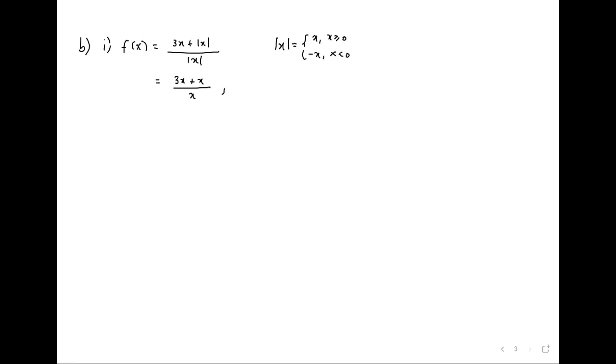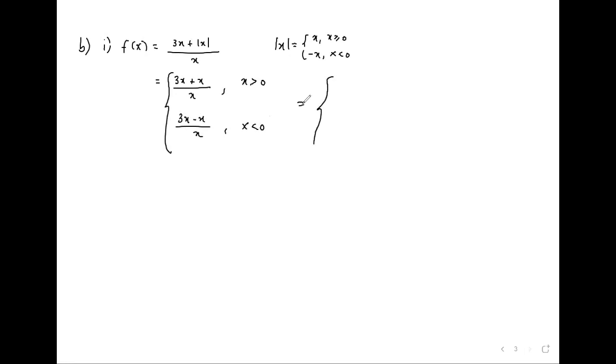In fact, there was no modulus in the denominator. So over x for x greater than 0. I've removed the equal to because we have x in the denominator, which cannot be allowed to be 0. And the same function is going to be 3x minus x over x if x is less than 0.